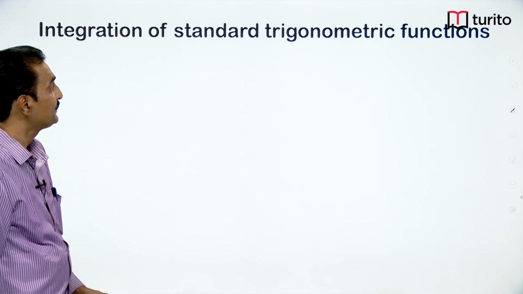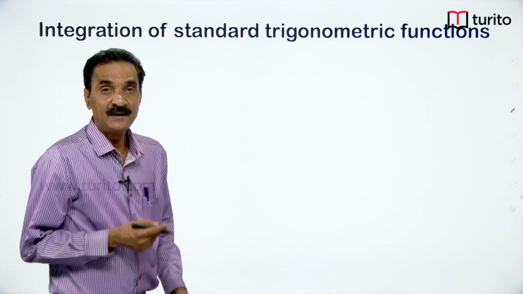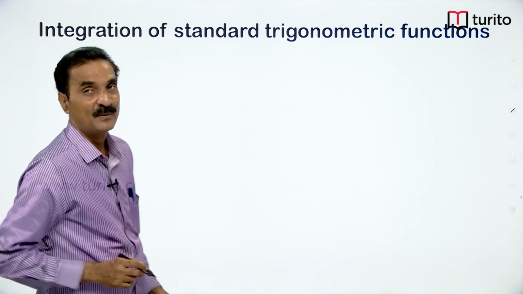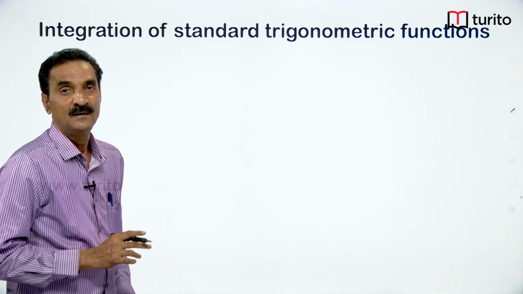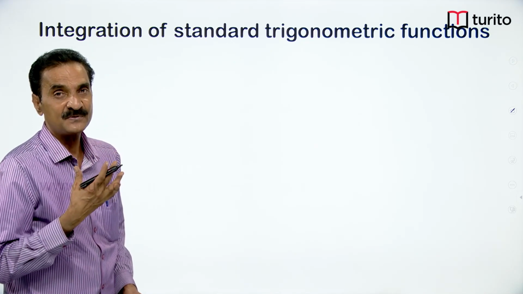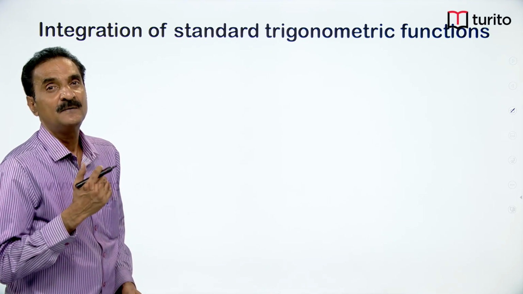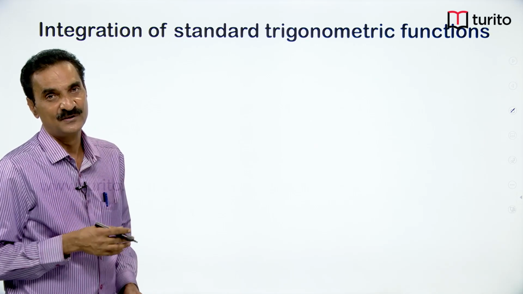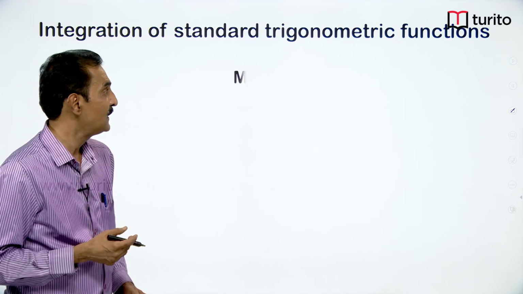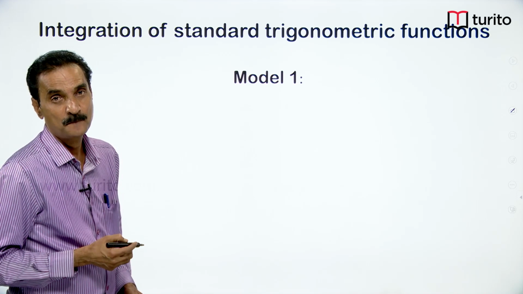Now, next, integration of standard trigonometric functions. There are some standard forms of trigonometric functions for which we have a standard substitution. Let us discuss one by one. Model 1.